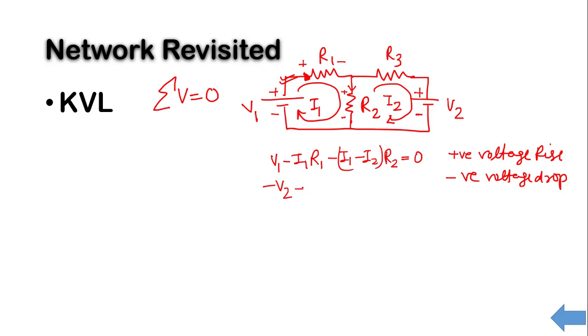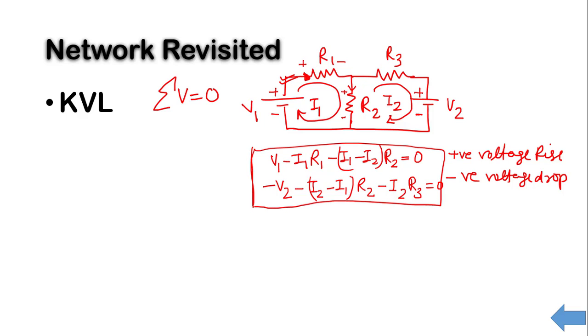So I will write minus (I2 minus I1) into R2 minus I2 R3 equal to 0. That's how you can apply KVL, and the number of KVL equations will be the same as the number of meshes in your network.